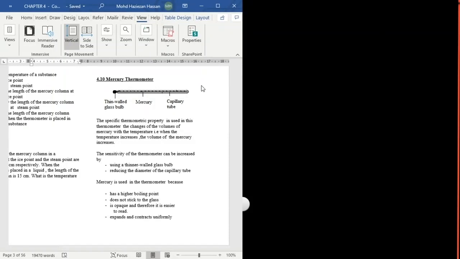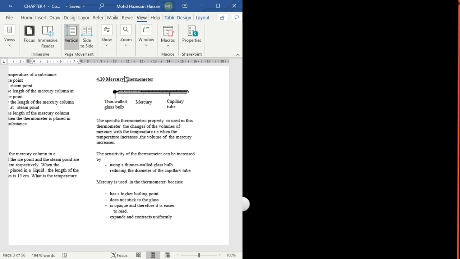Before this we had looked into thermal equilibrium, how we can calibrate a thermometer without a scale, and the difference between heat and temperature. In this session, I would like to tell you a little bit about the thermometer that we normally use in our lab, which is the mercury thermometer.